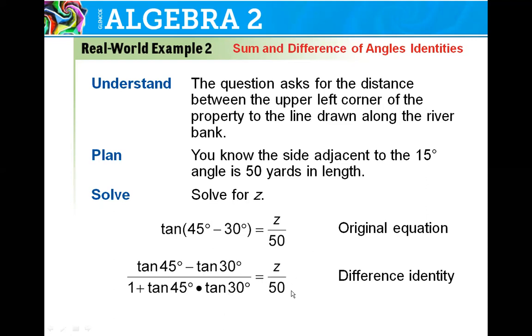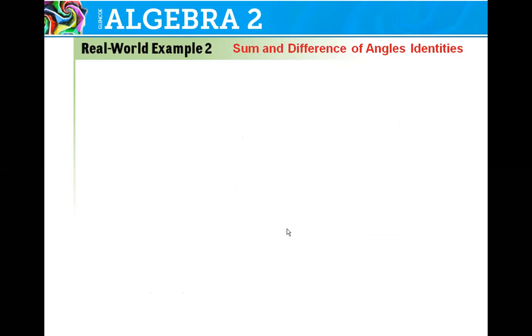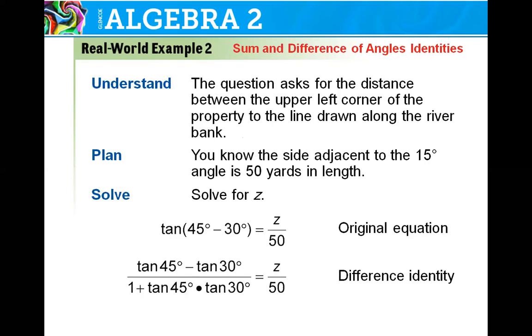I need to find the value of Z, so I go by completing the equation. How do you get the value? Pay attention. I return back. Tan 45 equals what? It will be 1. If you calculate it, it will be 1.